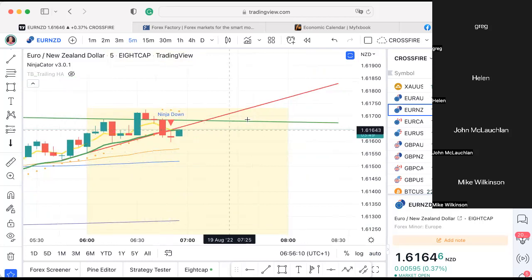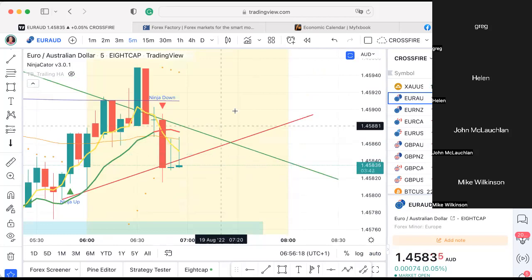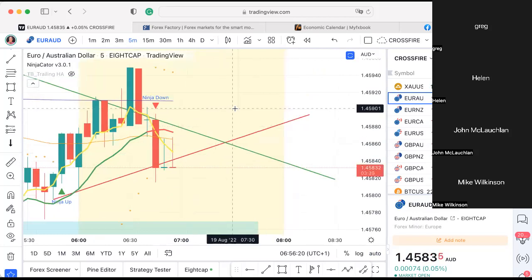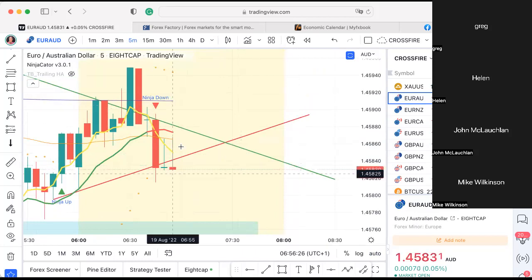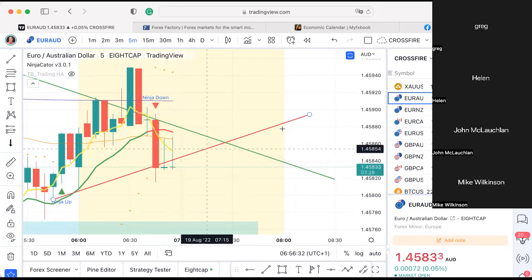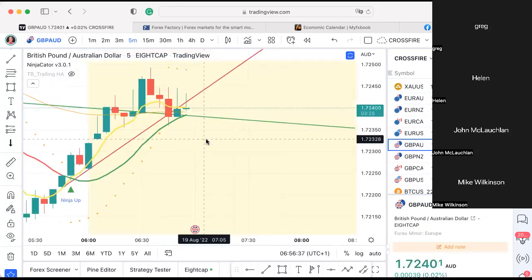That's the Euro New Zealand, although the Euro New Zealand and the Euro Australian dollar do tend to mimic each other because of the closeness of the currencies. So this one's still thinking about it. A couple of really long wicks there. We'll look at the British pairs. These are acting differently.